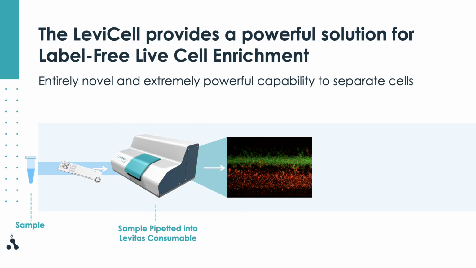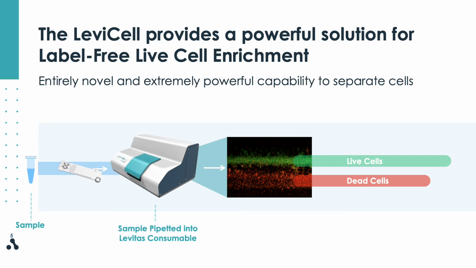Now, a critical point to remember is, even though we're showing you green and red here to identify live cells and dead cells, that analysis is purely for analytical purposes. What I mean by that is, even if the imager and the fluorescent channels were not present, the separation would occur in the exact same fashion.